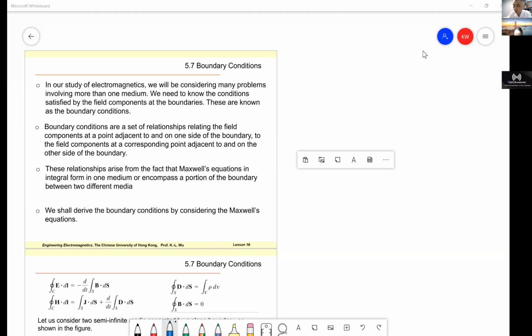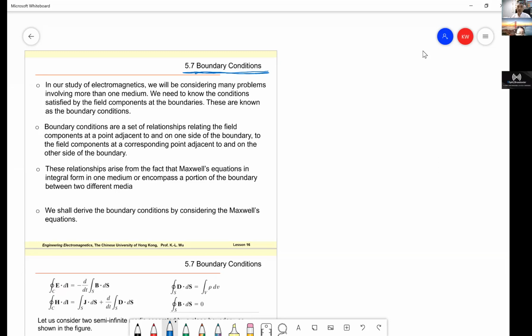That is what we call boundary conditions. So what is a boundary condition? So far we have discussed the so-called plane wave solution. That is a very special scenario.